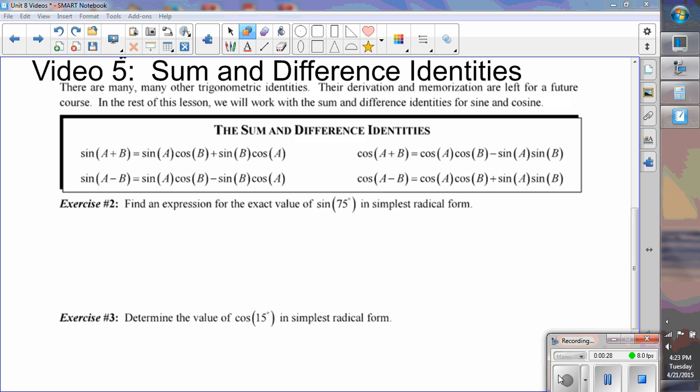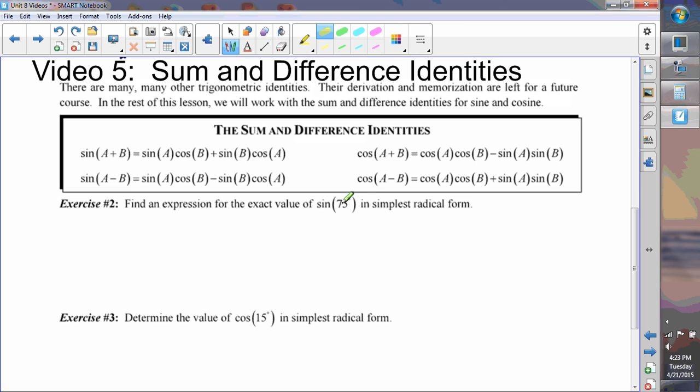Well, I know how to do it for 30 degrees, 45 degrees, 60 degrees, 90 degrees, 0, 180, 270, 360. But I do not know how to find an exact value of the sine of 75. So what you need to think is, what two angles could I possibly put together to come up with 75 degrees?